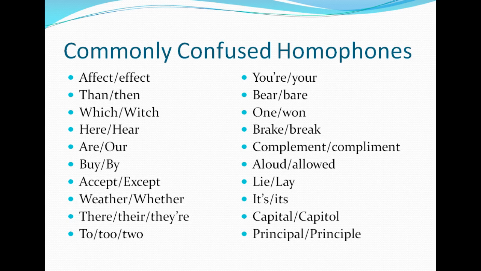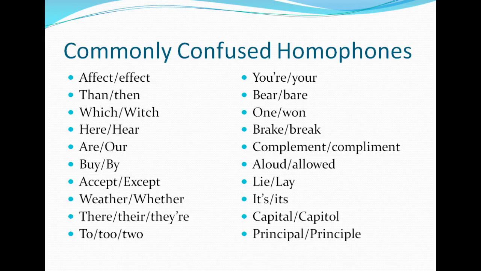You have seen that on just about every spelling test. Two, too, and to, your and you're, also on your spelling tests. Bear or bare, one or won, break or brake, compliment and complement, allowed or aloud, lie or lay, it's and its, also have that on your spelling test, capital or capitol, and principal and principle.